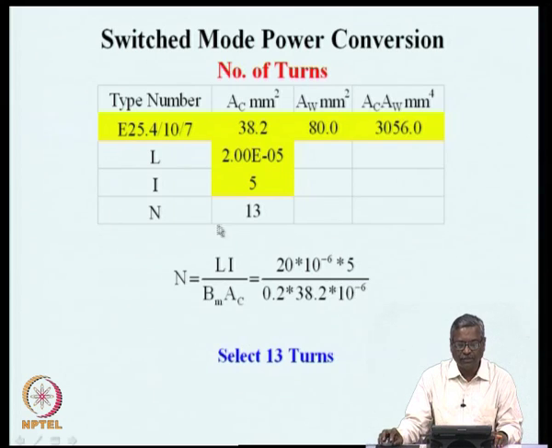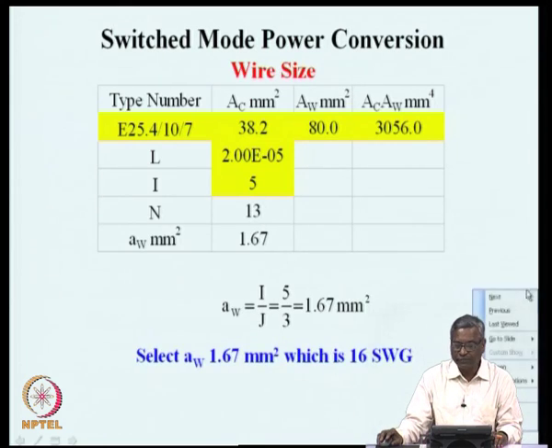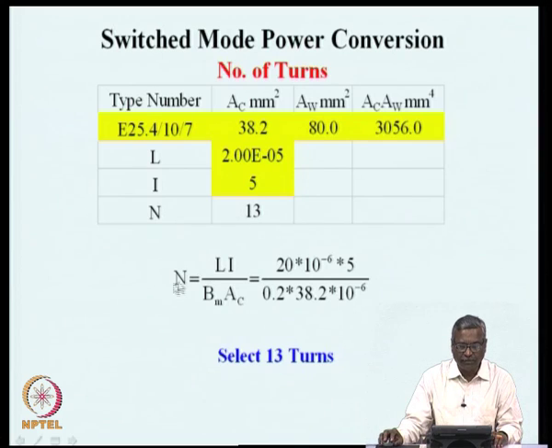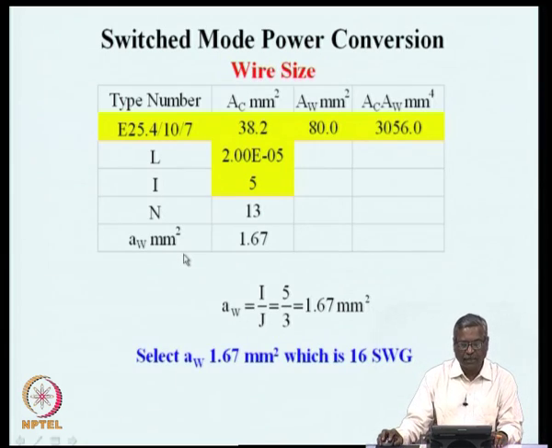When we calculate this quantity, the number of turns is 13 turns. So, it can be arranged in the form of a spreadsheet where this 13 is the number of turns calculated as per this formula with all the quantities that are here. So, we might select 13 turns for this inductor.